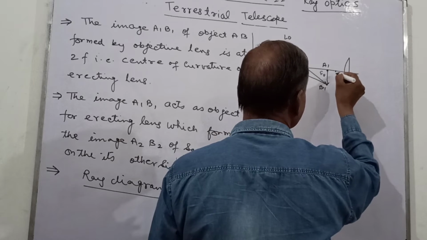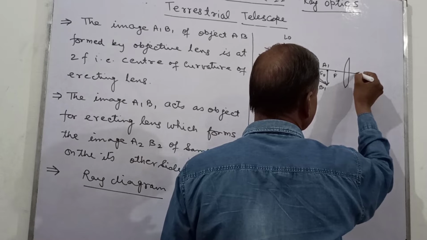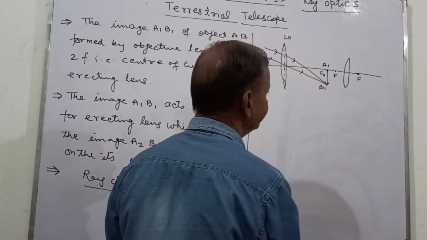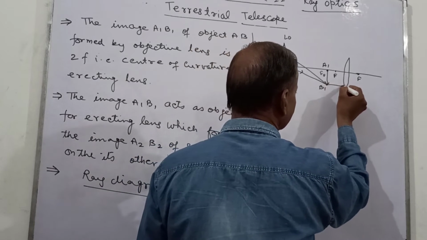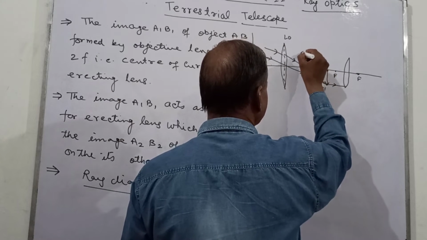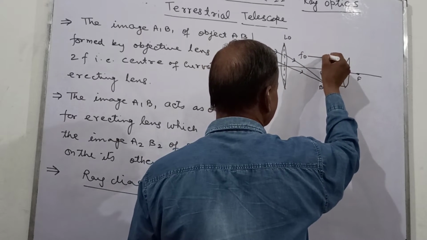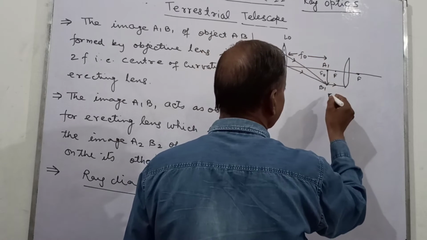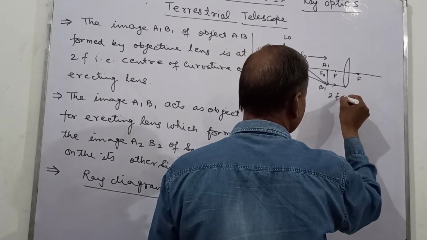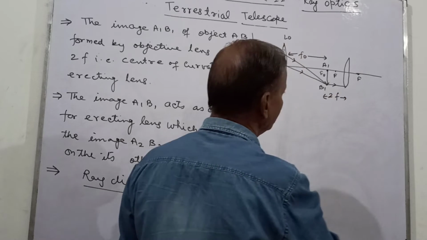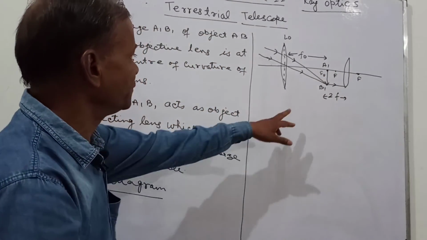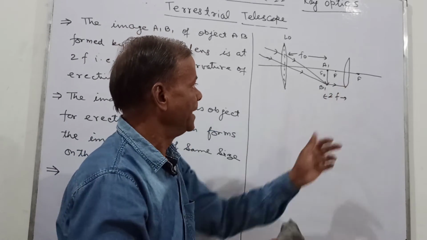This is now its focus F on this side. So this distance is F naught. And this is 2F. So this image A1B1 is at the center of curvature of this lens L.